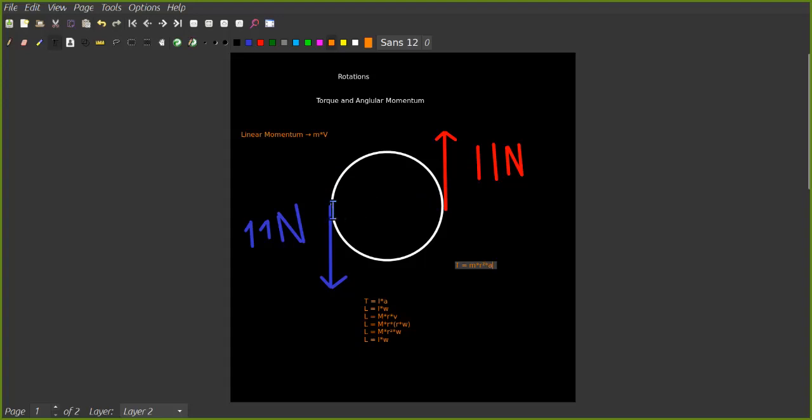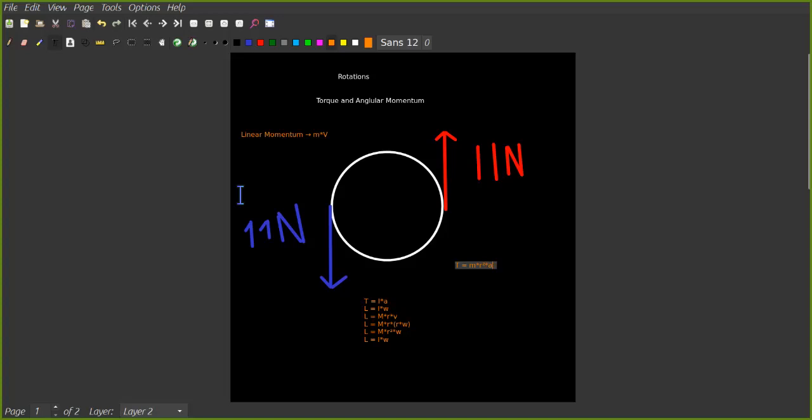And the difference in omega by time is acceleration. And v is r times omega, so r times alpha is r times omega divided by time.